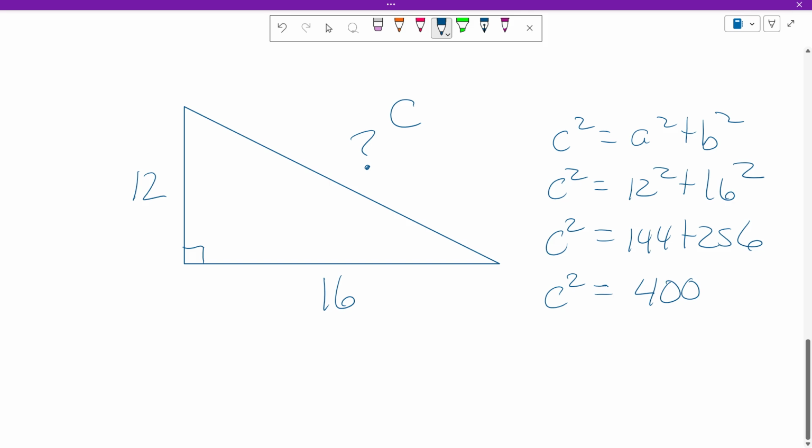Braden tried. Now, if C squared equals 400, I want C. What do I do to both sides of my equation to go from C squared down to C? Minus? No. Somebody whispered it out there.